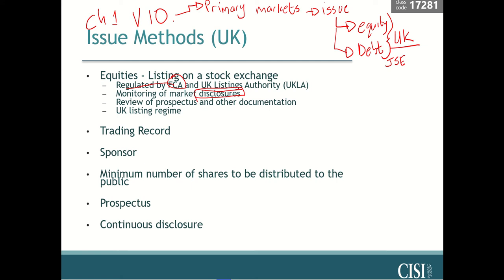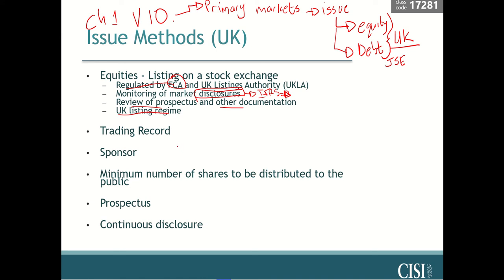And when you're studying accounting or financial accounting, you'll be doing IFRS, and those are the standards and disclosures that need to be done. There's a review of the prospectus and other documentation, and there's a UK listing regime.